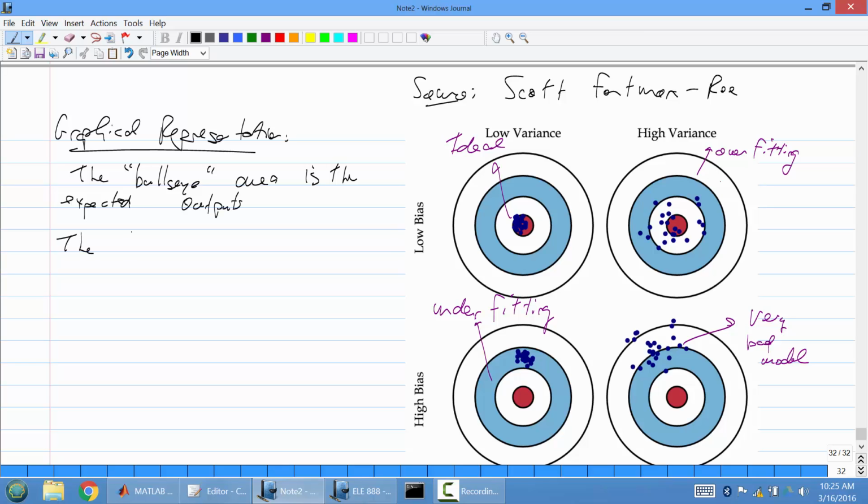The blue dots are the predicted outputs. So you want the predicted outputs to more or less be in line with the expected outputs, and you want the variability to be very small. So the top left corner is the ideal case, and the other three are the ones that you don't want.